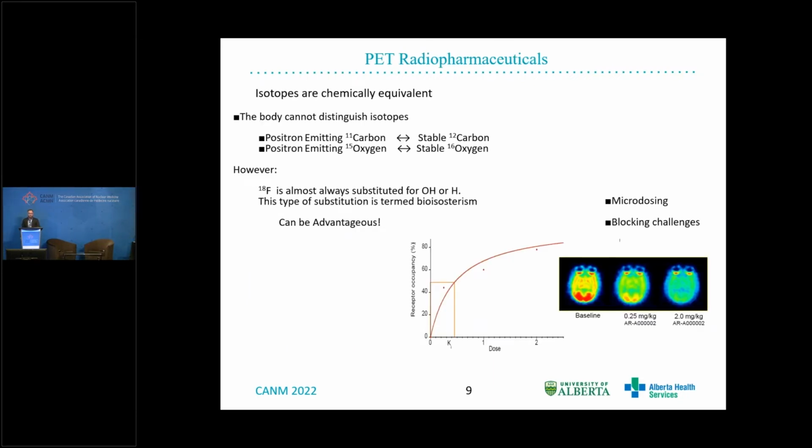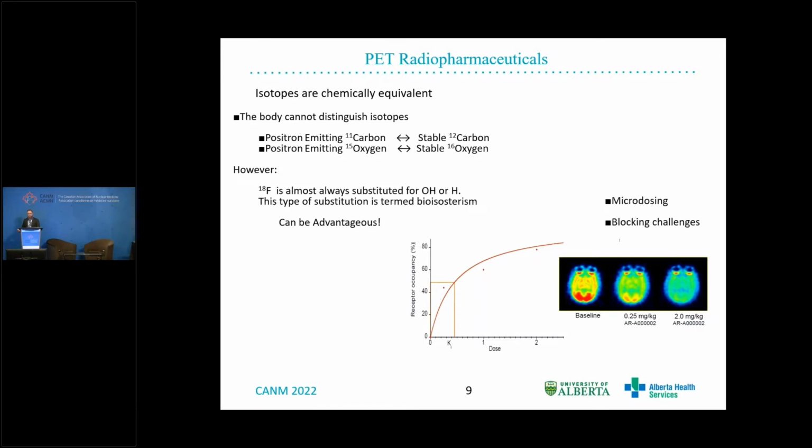Also note that isotopes are chemically equivalent, basically, so the body cannot distinguish a carbon-11 from a carbon-12, or an oxygen-15 from oxygen-16. So this can be used in a number of different ways.